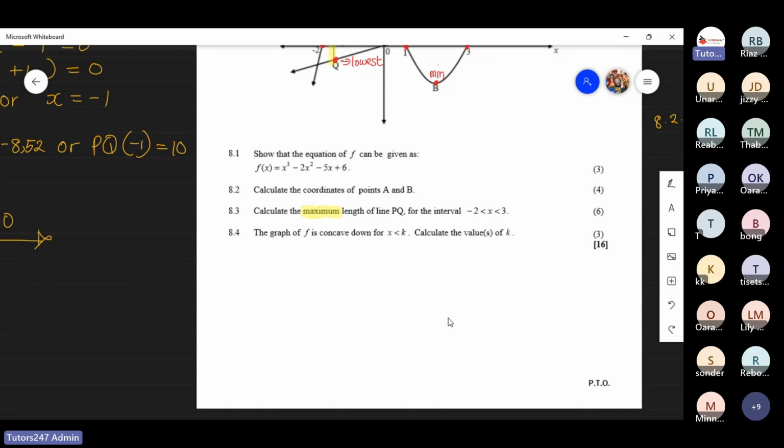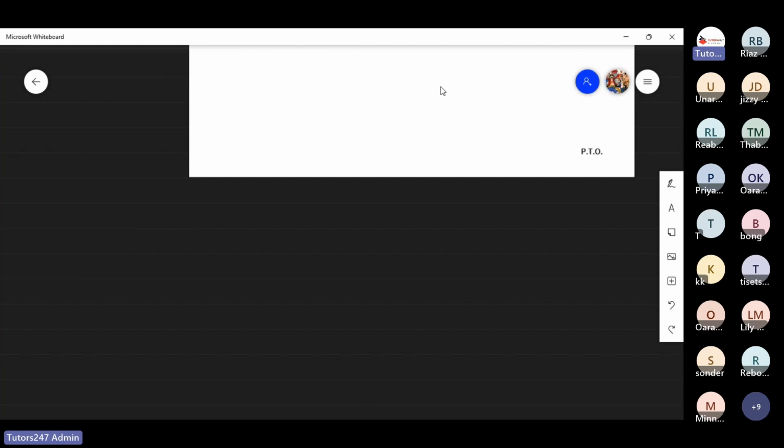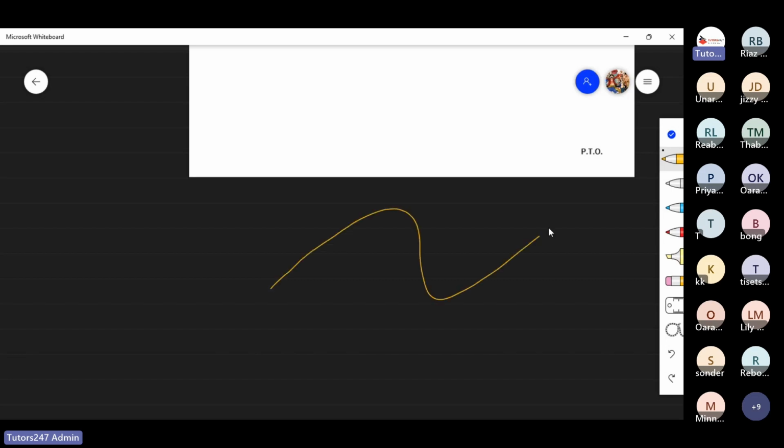Something important to take note of regarding concave up and concave down. Concave down represents a sad face. So an easy way to identify concave down is, let's say this is our cubic function, and let's say our point of inflection is over here. This is our point of inflection. Okay, and it's x equals k.